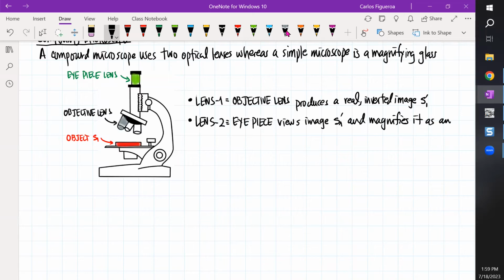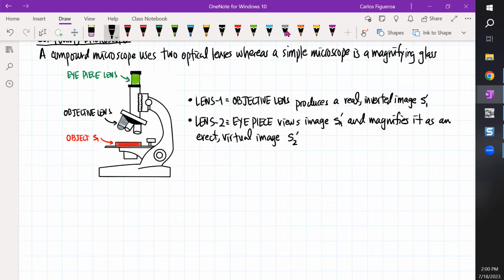As in, wait, not inverted, as in erect, virtual image, which we then call S2 prime.